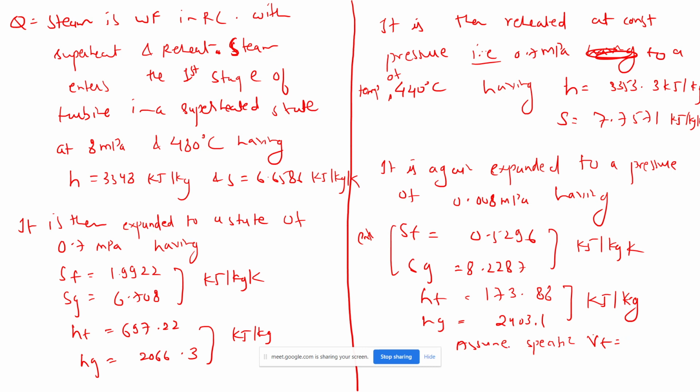Sir, is the Hg value 2903.1 or 2403.1? Which value? The Hg value in the above step. Hg is 2403.1. Okay, thank you, sir. Wait, I'll write.